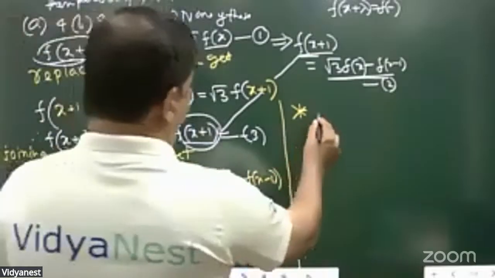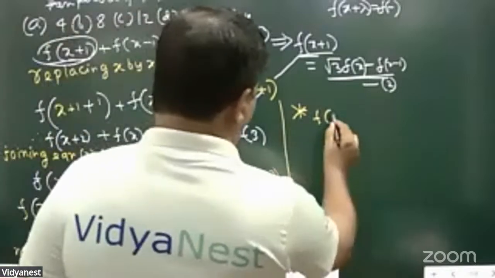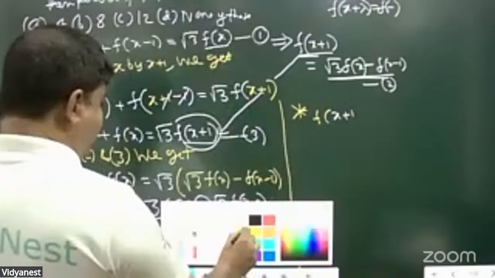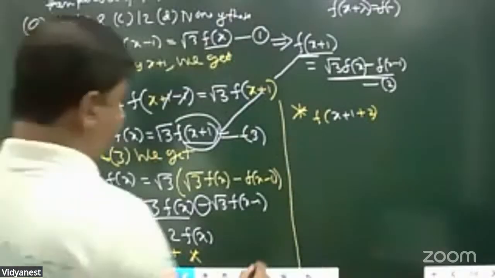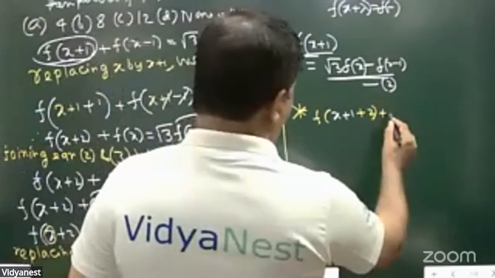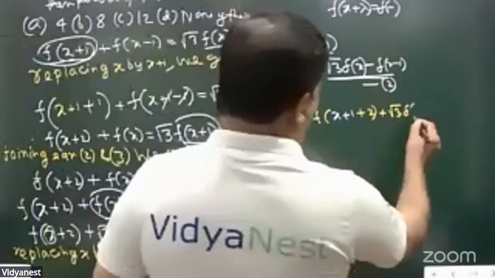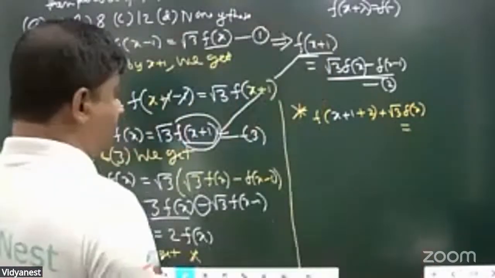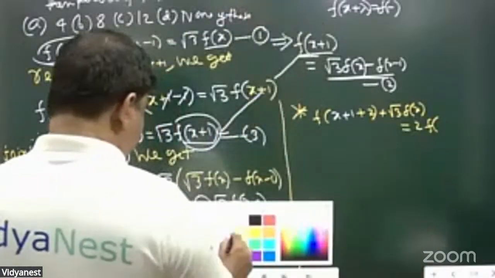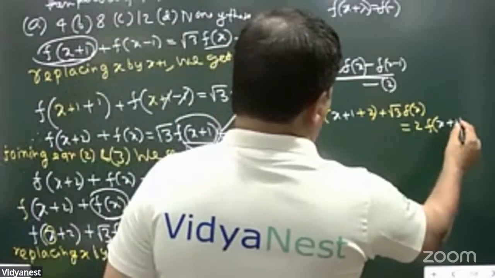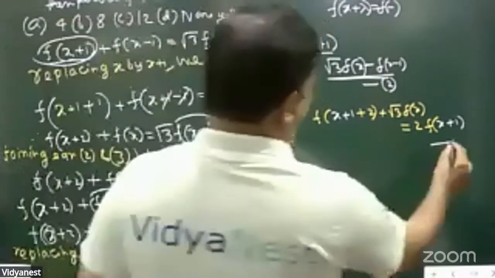So f in place of x, x plus 1, plus 2. Here, root 3 f(x plus 1) minus 1 has become f(x) is equal to 2f(x plus 1), and that equation is labeled, previously we could reach up to equation 3, now 4.